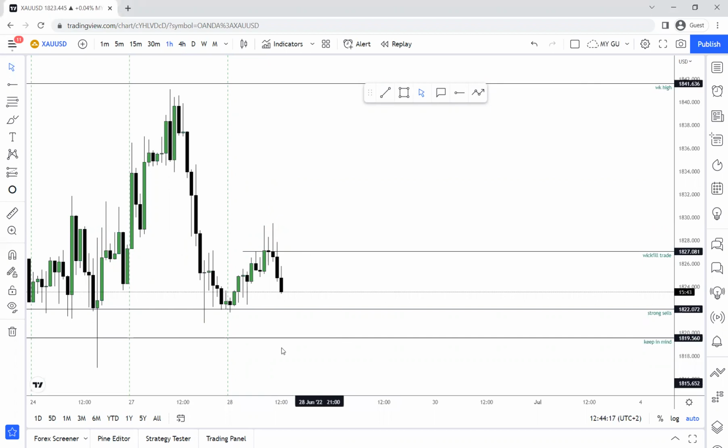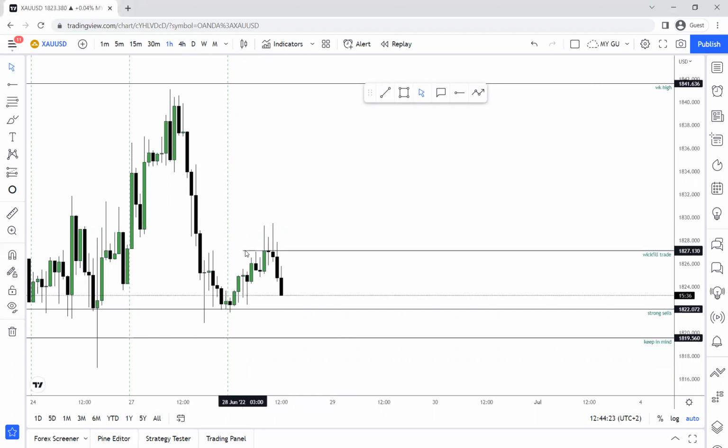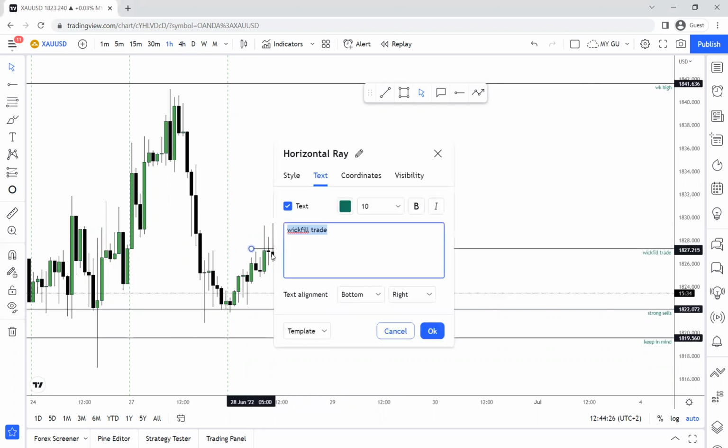For price to start trading bullish, price would need to go above our weak fill trade, above the 4-hour buys.